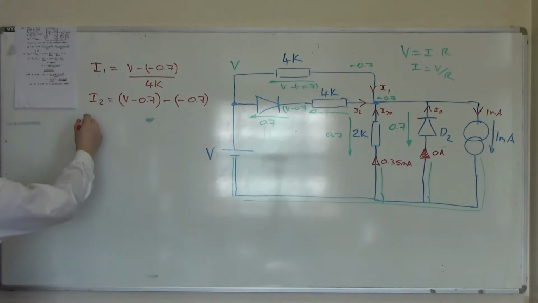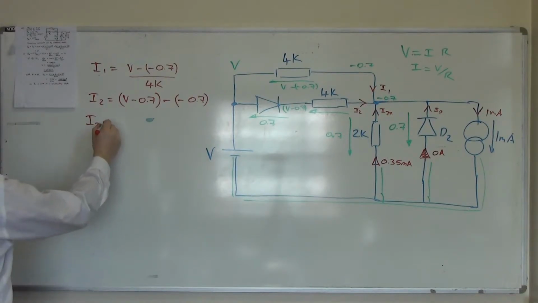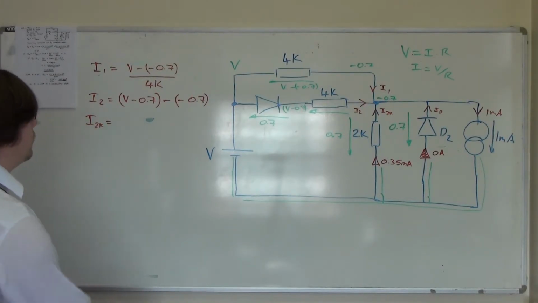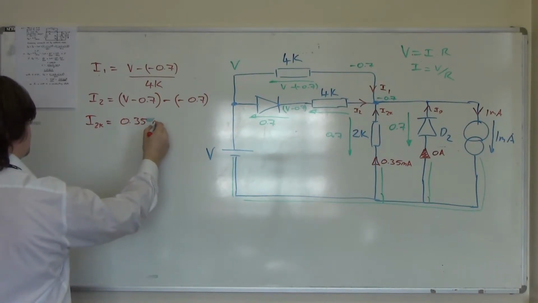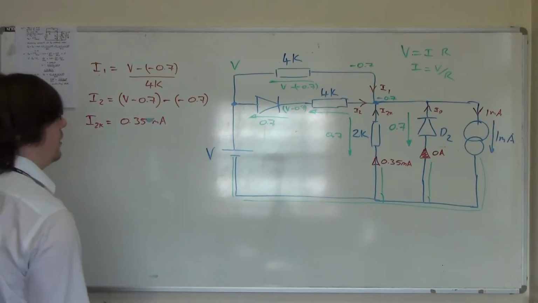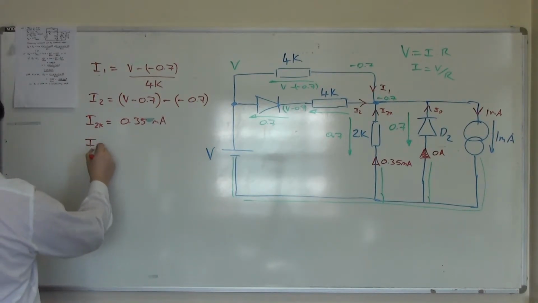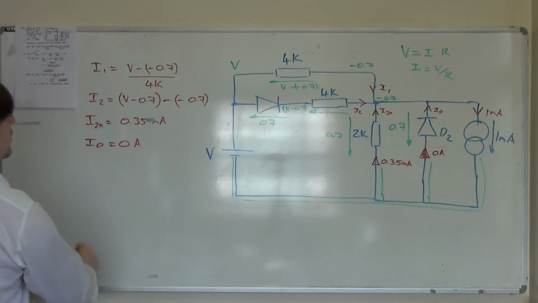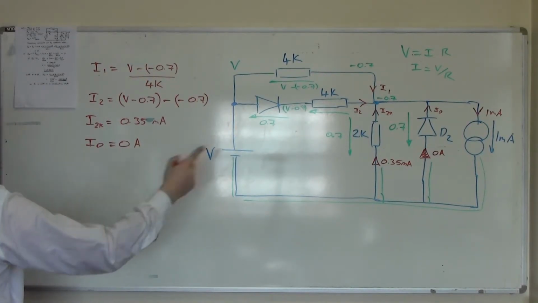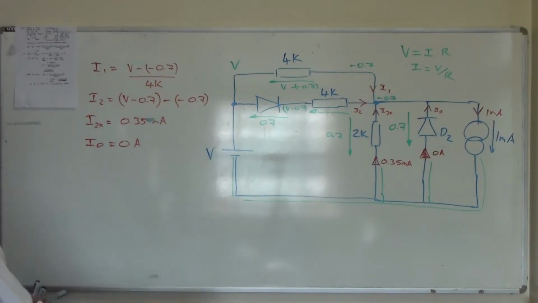Then we've got the current for the 2K resistor, I2K, and we had that as 0.35 milliamps. And we know that ID is 0 because the diode's on the point of conduction, and we know that the 1 milliamp current is a milliamp, obviously, and it's leaving the node.